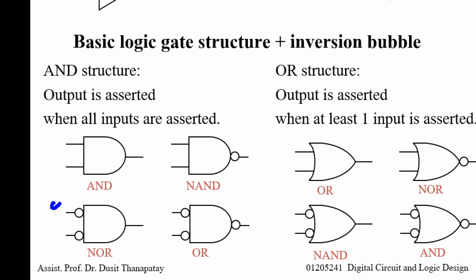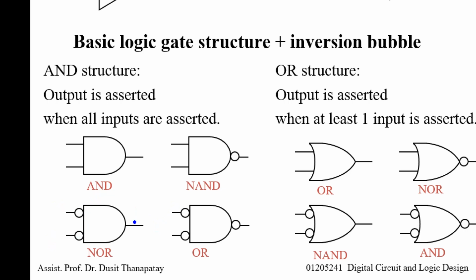So when I apply 0, 0, this input is active, this input is active, then the output is active. And because there is no inversion bubble at the output, this one is active high. That means when this output is active, the value will be high.